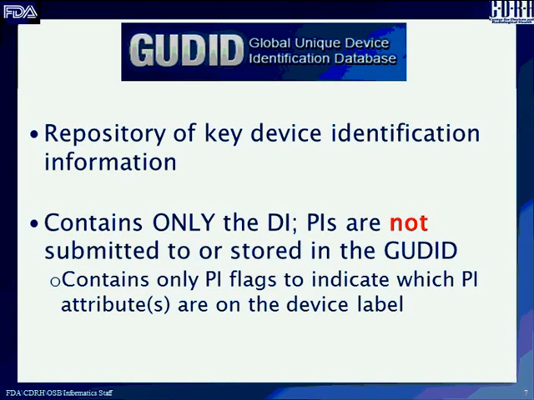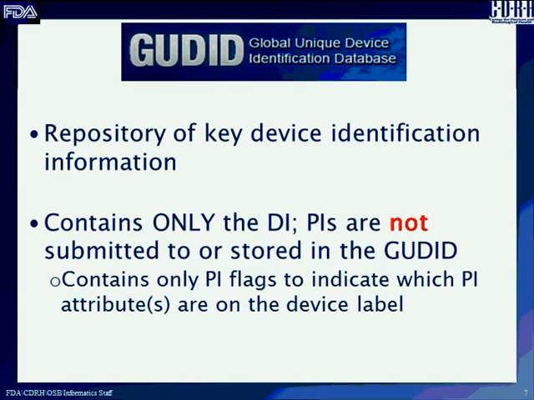However, we do capture information about which production identifiers are on the label. So if there is a lot number on the device label, then in GUDID you would let us know that the production identifier on the device label is the lot number. You will answer yes or no to that question.